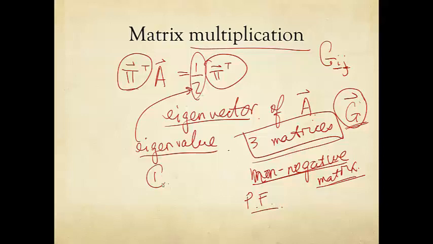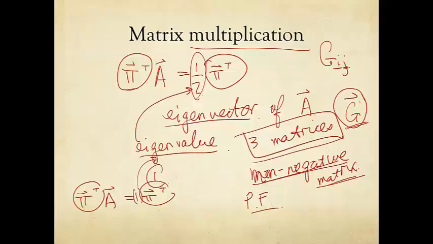In other words, we can find an eigenvector associated with this eigenvalue for a given matrix, say A, such that pi transpose multiplied on the right by A returns nothing but the same vector pi transpose. Well, you can also write down this 1 in front of it. It's okay. That is the eigenvalue.